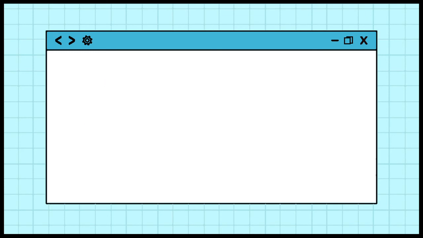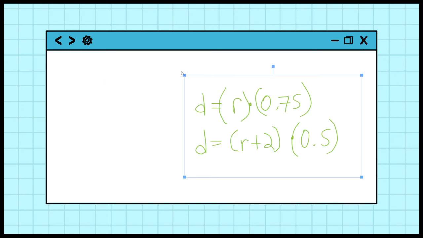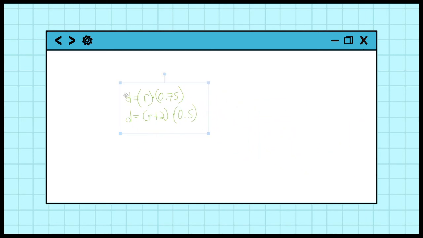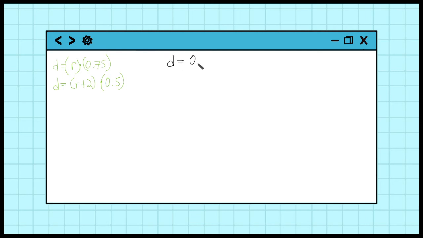I'm going to rearrange these just a little bit to make it easier to do that. So in my first equation, I can see that distance is really equal to 0.75 R. I'm just bringing that number in front of the R. In the second one, I need to distribute the 0.5, and I get 0.5 R plus 1.